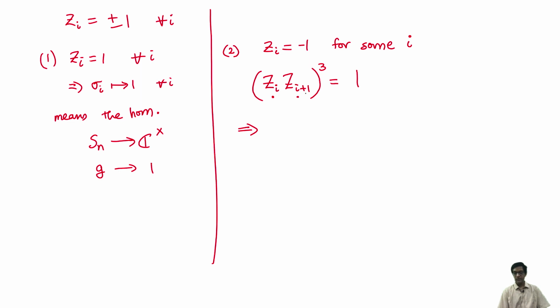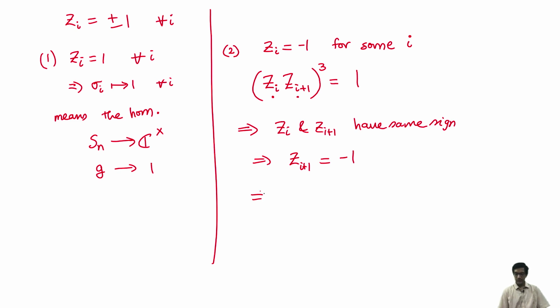Both Zi and Zi plus 1 must have the same sign. If they have opposite signs, their product is a minus 1. So Zi and Zi plus 1 have the same sign. In other words, since Zi is minus 1, Zi plus 1 also has to be minus 1.